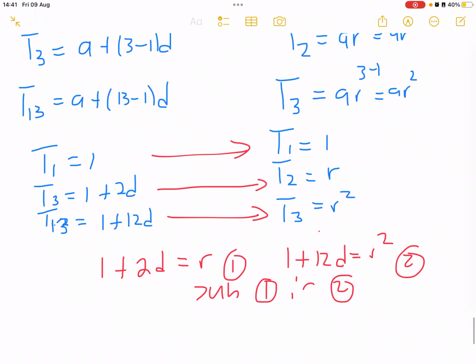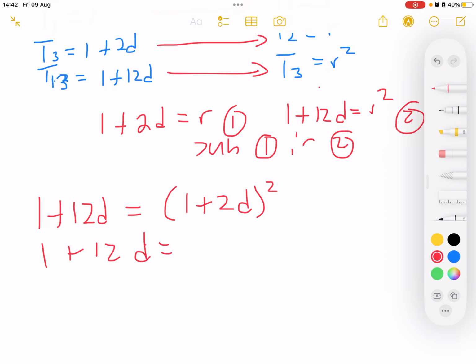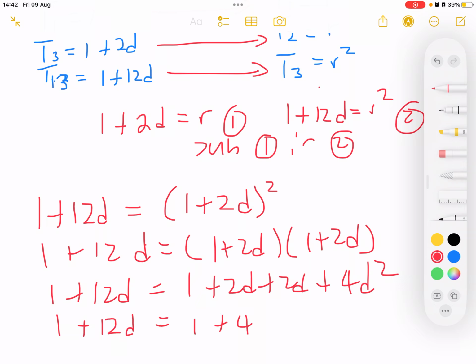If we do that, we get 1 plus 12d is equal to (1 plus 2d) squared. 1 plus 12d is equal to 1 plus 2d times 1 plus 2d, and 1 plus 12d is equal to 1 plus 2d plus 2d plus 4d squared. 1 plus 12d is equal to 1 plus 4d plus 4d squared.